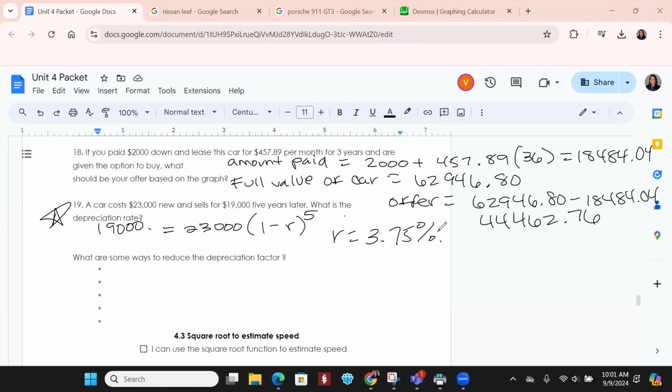What are some ways to reduce the depreciation factor? Does anybody know? What are some ways to reduce the depreciation factor?